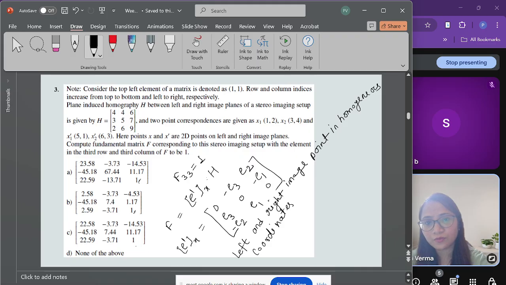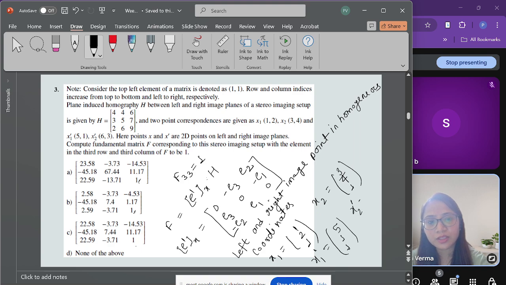So the first one is x1, which can be represented by 1, 2, 1, and x2 is 3, 4, and 1. Similarly x1 dash is 5, 1, and 1. Now x2 dash is 6, 3, 1. Right? So all the points we have represented in homogeneous coordinates.